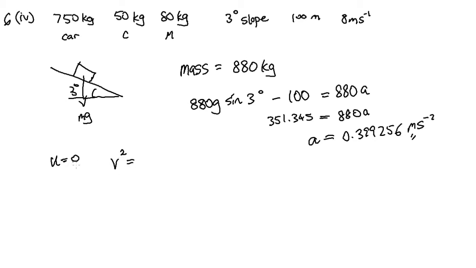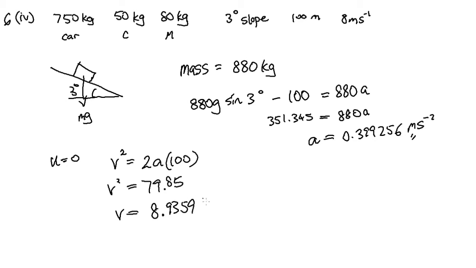So v squared equals 0 squared plus 2 times a times s, which is 100. So v squared is just 2 times 0.399 times 100, gives us 79.85, and v, when you square root it, is 8.9359, which is larger than 8 meters per second. And therefore, yes, the car starts.